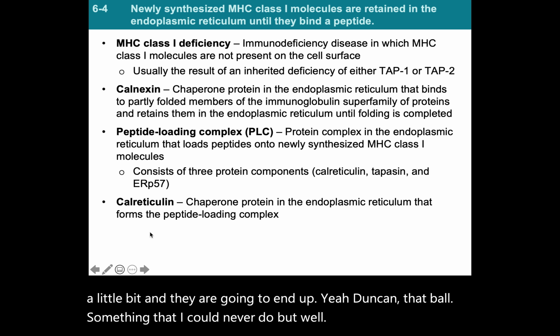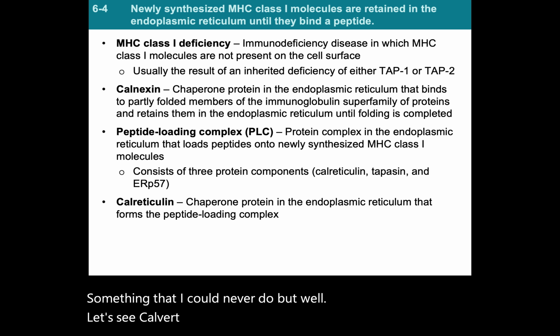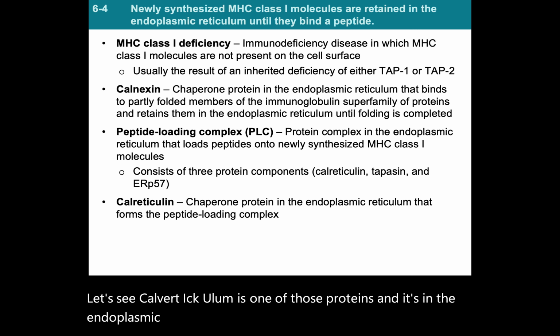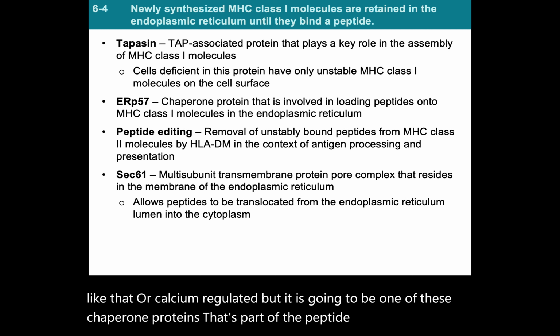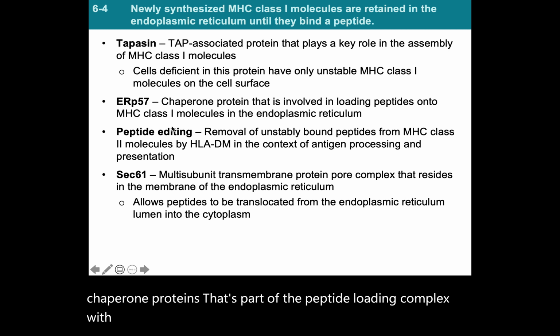Let's see. Calreticulin is one of those proteins, and it's in the endoplasmic reticulum. I think it is calcium binding or something like that, or calcium regulated. But it is going to be one of these chaperone proteins that's part of the peptide loading complex with tapasin and ERp57. So tapasin is associated with TAP.